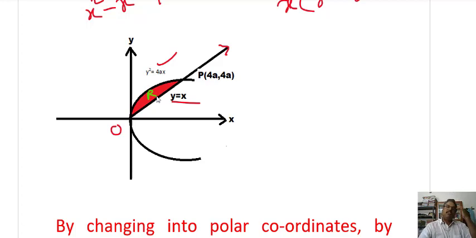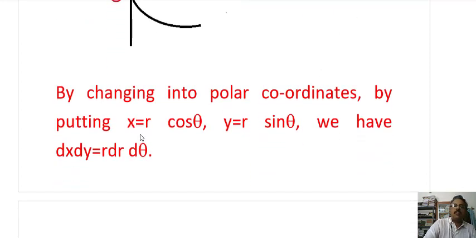In this region, we'll now change into polar coordinates. In terms of theta, consider the straight line x equals to y. The polar coordinates are x equals to r cos theta, y equals to r sin theta, dx dy equals to r dr d theta.